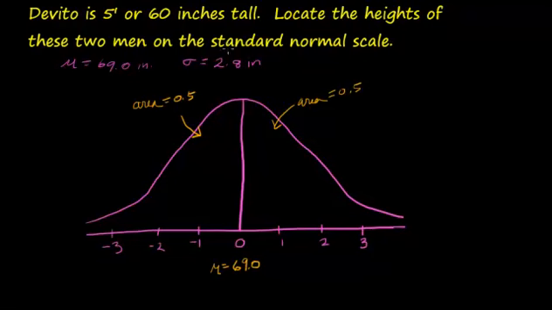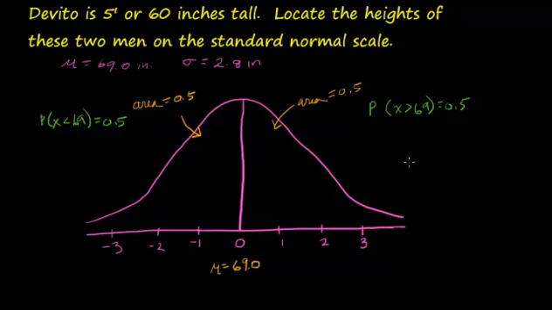Or we could write our notation: the probability that x, which would be our height of a male, is greater than 69 is equal to 0.5. The probability that x is less than 69 is equal to 0.5.